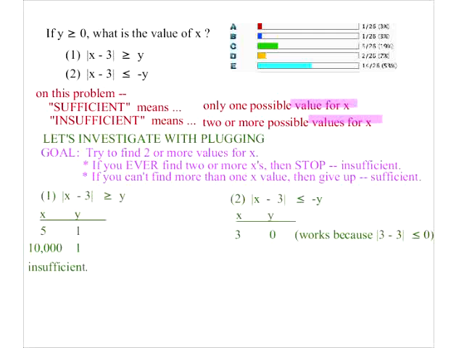Someone's saying negative 4 and negative 2. Let's try that. This would give absolute value of negative 7 less than or equal to positive 2. This is false. So that doesn't work, because that makes the statement false. Oh, yeah, and you're not allowed to do this anyway. That's a good point, because Y has to be not negative. So this is not allowed, because Y can't be negative.